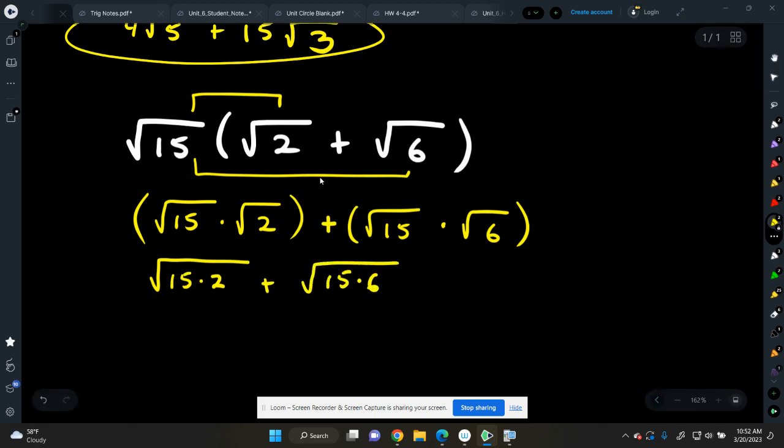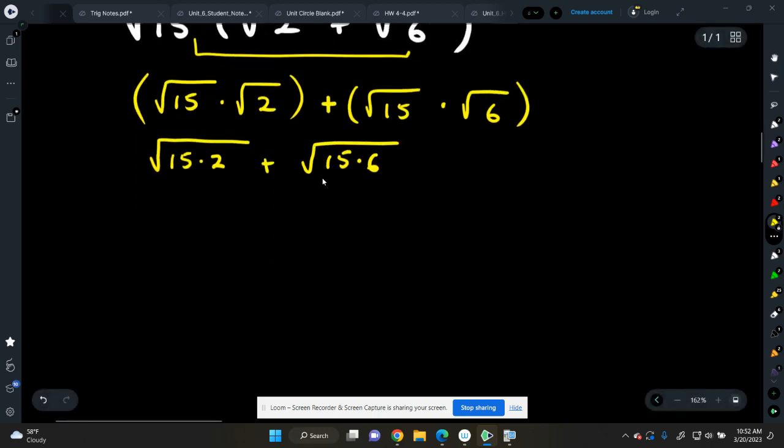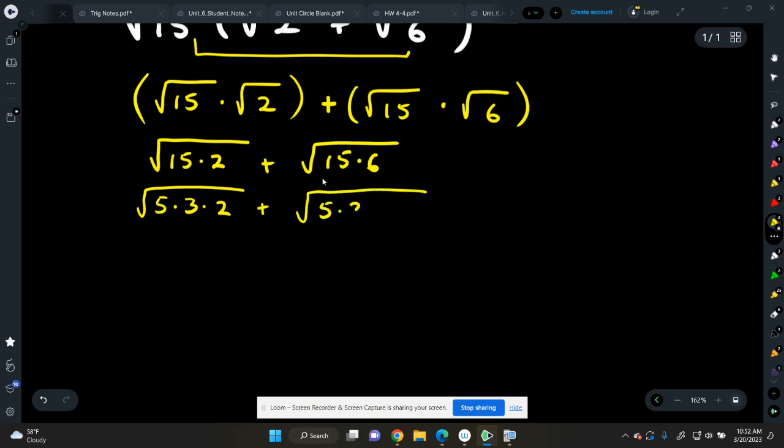Everybody okay with that so far? Okay, so now we need to simplify. So we're going to factor the 15. So that's going to be the square root of 5 times 3 times 2. And here we're going to factor. So this is going to be 5 times 3 times 3 times 2.